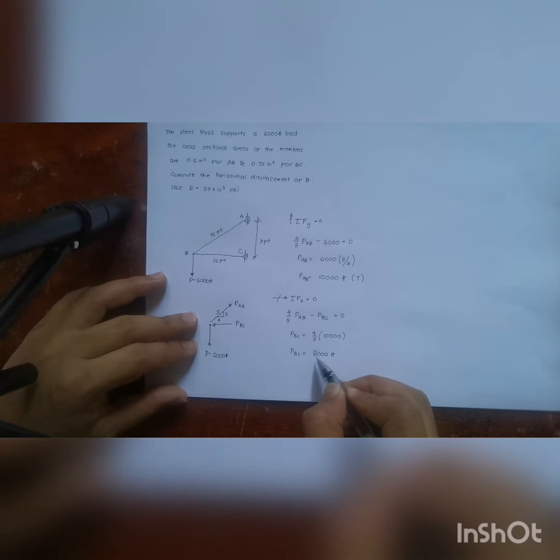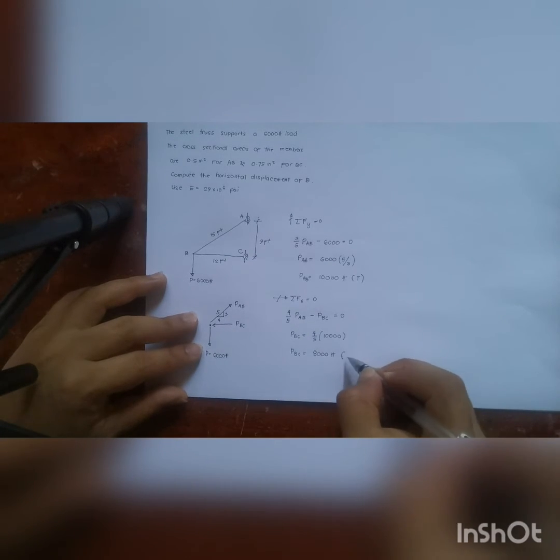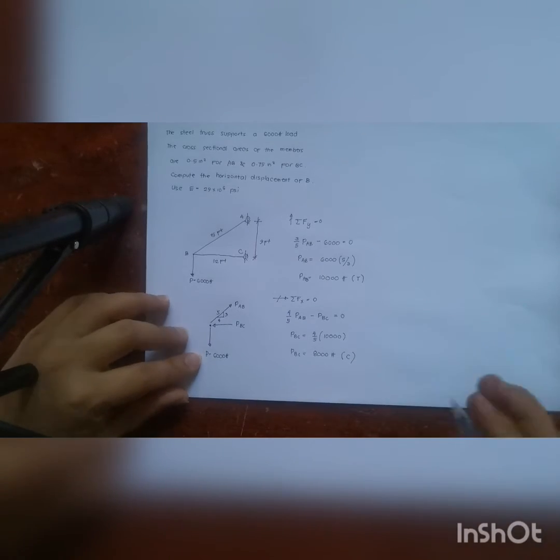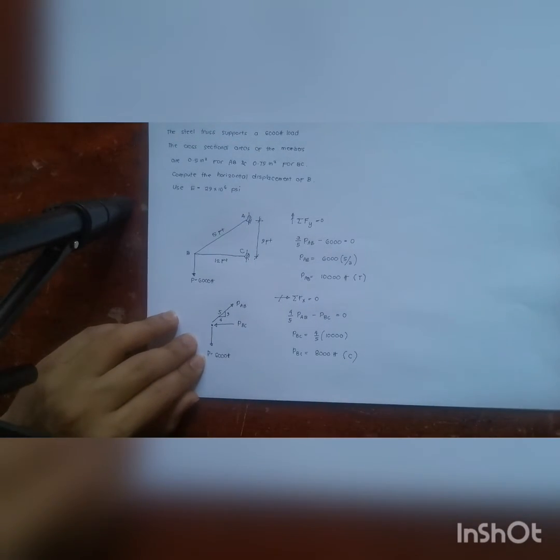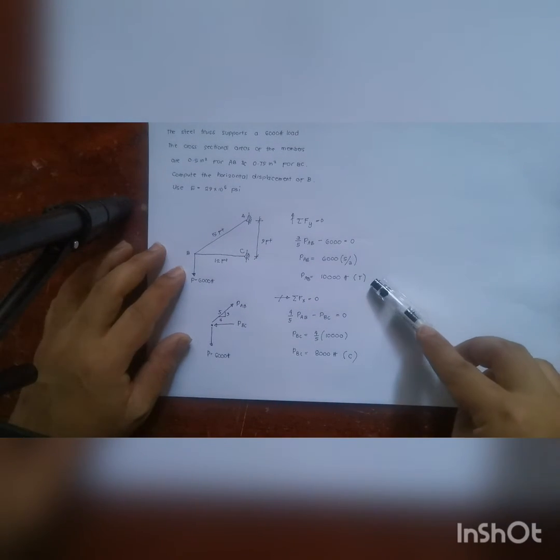Positive din po yung nakuha natin. Ibig sabihin, tama po yung in-assume natin direction that it is in compression. So, ano po ba yung indication ng direction natin? Yung member AB is in tension.